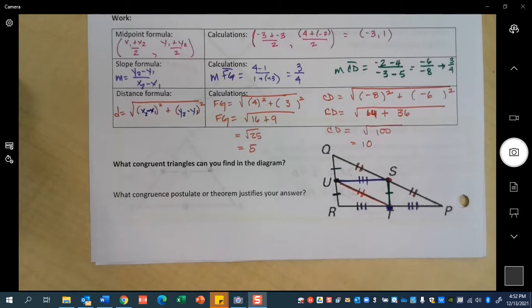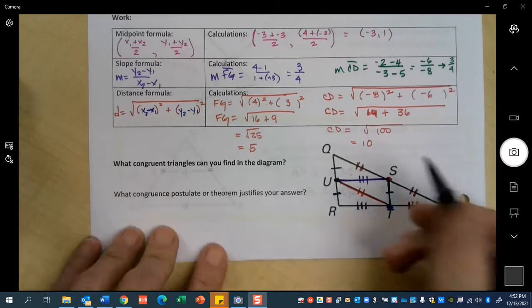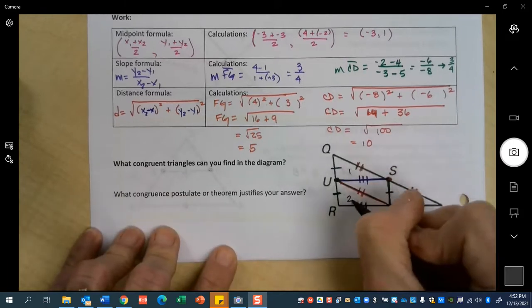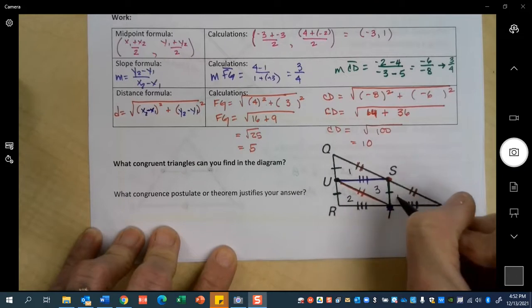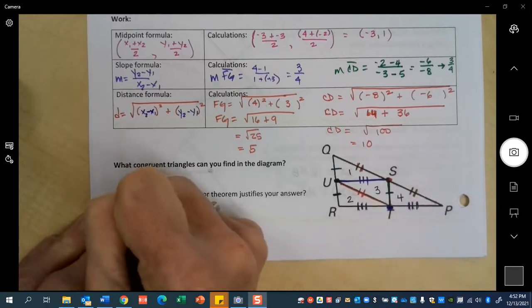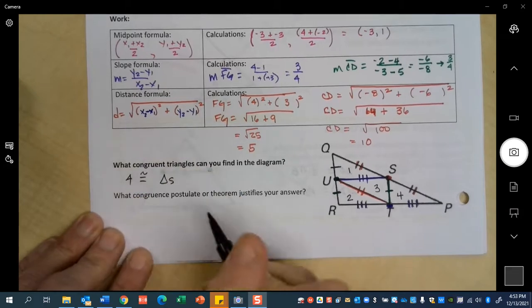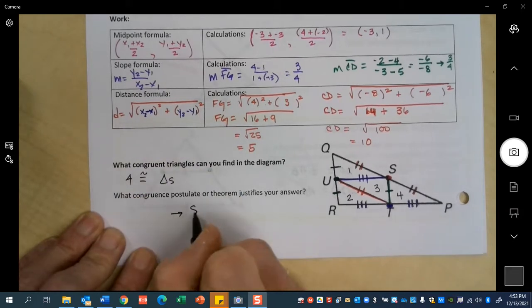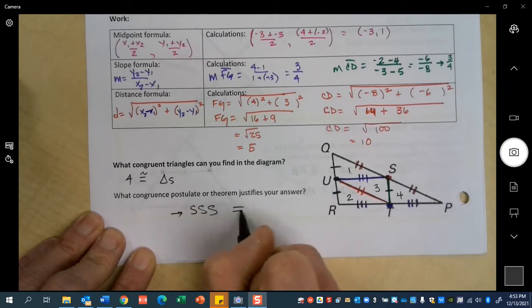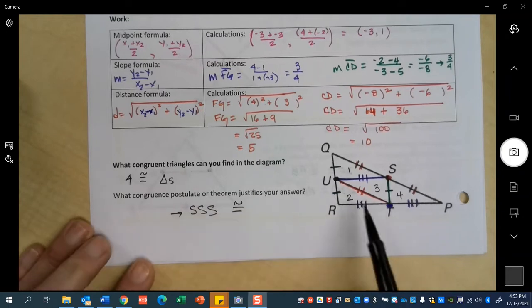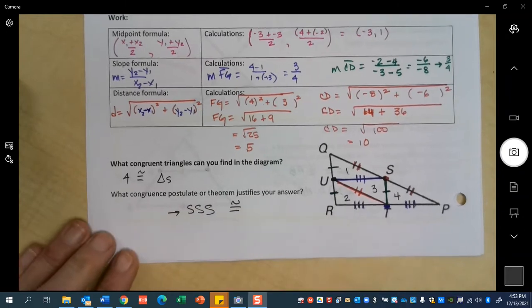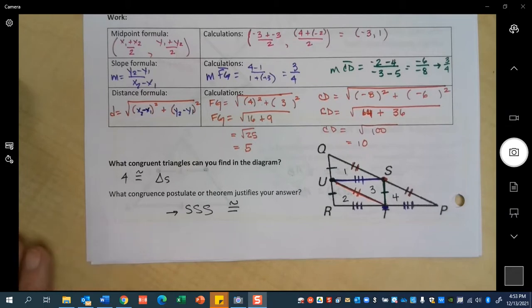Do you see in this diagram 1, 2, 3, 4 congruent triangles? And they're all justified by side, side, side congruence. Check it out. Everyone has a side that's 1, 2, and 3 hash marks long.